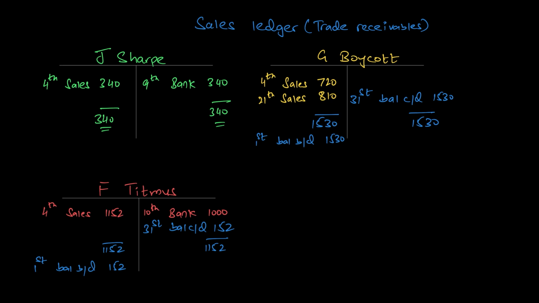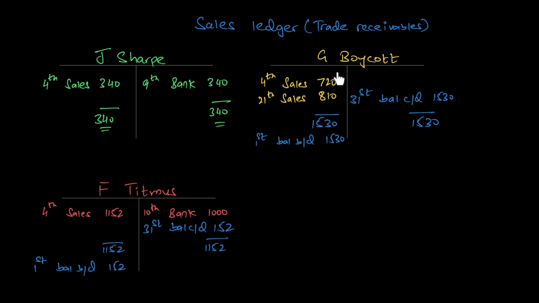Now, one thing to learn: the balance carried down will always be carried forward on the opposite side. So you can see balance carried down came on the credit side. It will now be carried down, which will be shown as a balance brought down on the debit side over here. So it should always come on the opposite side. If the balance carried down was on the debit side, we would cross it over to the credit side. Why would we do that?